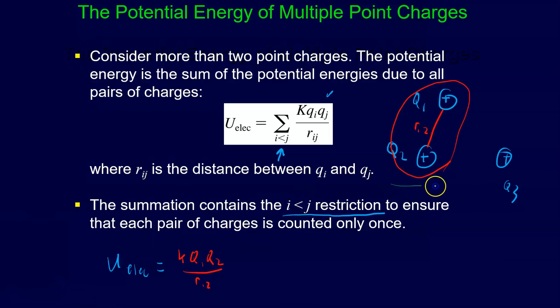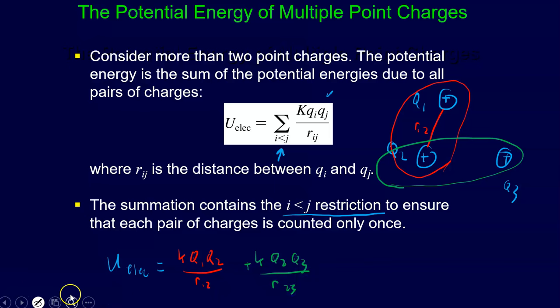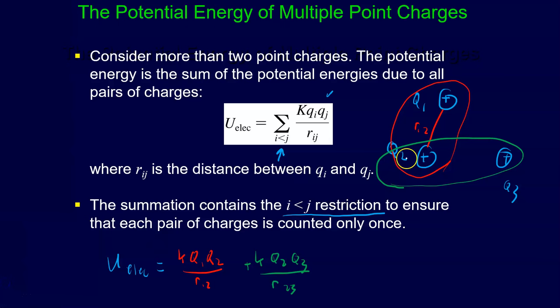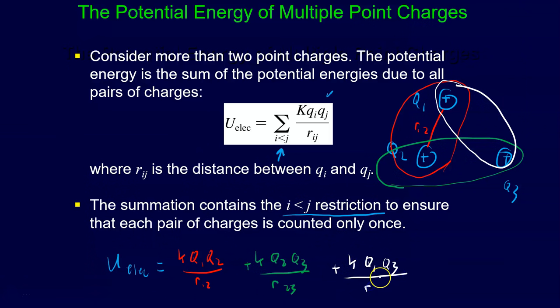Then you do the next one, these two here, so plus K Q2 Q3 over R23. And finally there's one more to do, Q1 and Q3, and the distance between those would be R13.